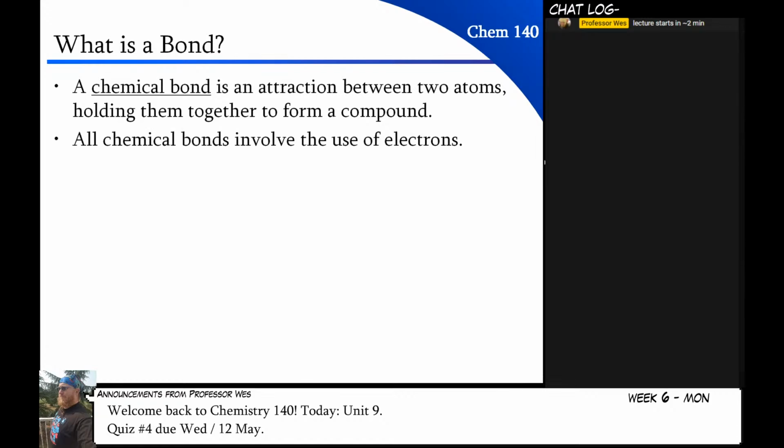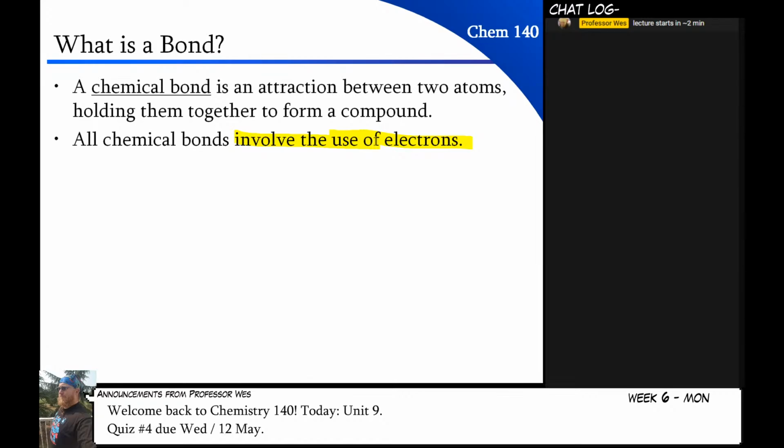Now, there's a bunch of different ways to make bonds, but they all have something in common. And that something is they all involve electrons being manipulated in some fashion.